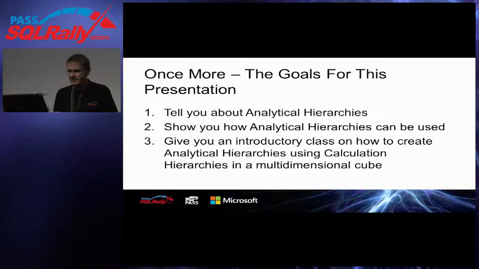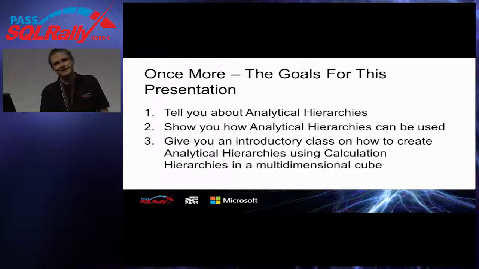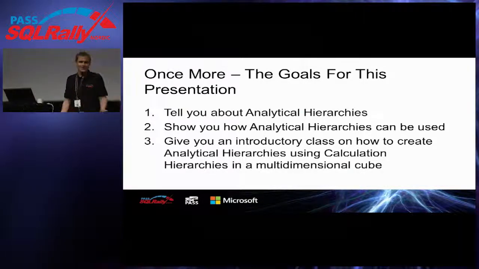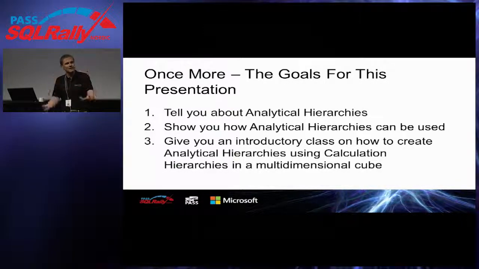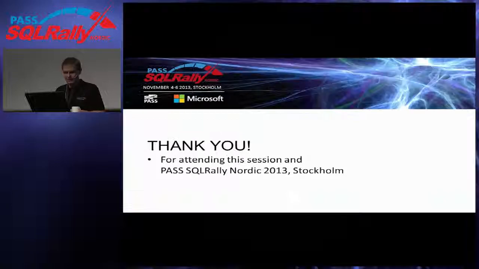I showed you how they can be used, and I hoped I persuaded you to use them. There's a lot of value in what you can give your clients and your customers by thinking about what sort of calculations you can build into your cube. And I've given you a little class on how to create them.